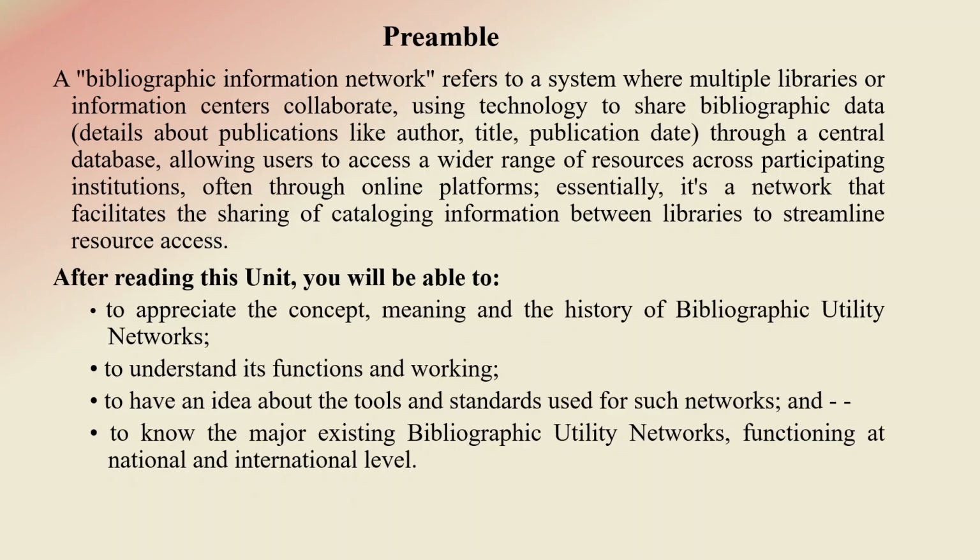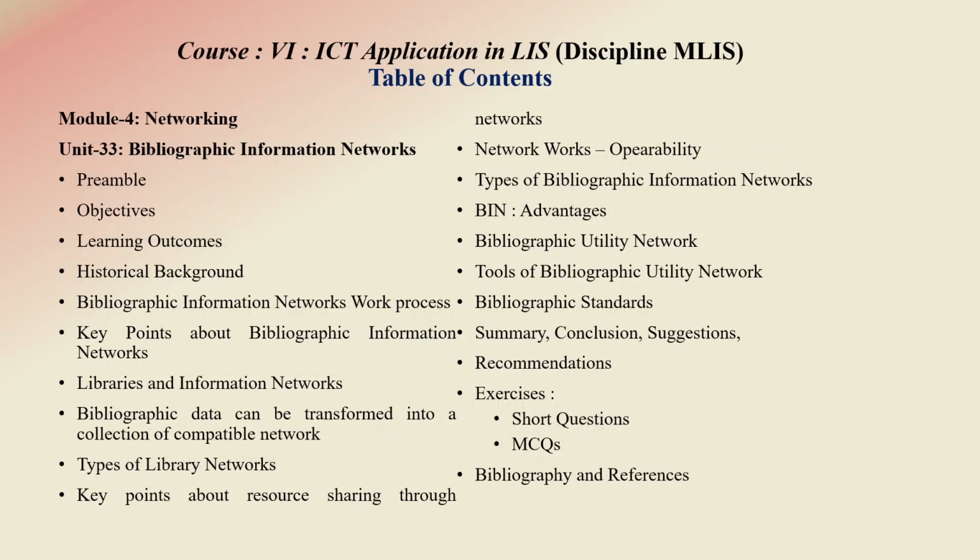Now friends, I will also tell you what I have covered in this Unit 33. In the table of contents: the preamble, objectives, learning outcomes, key resource points, key points of the Bibliographical Information Network, bibliographical data transmitted, types of library networks, how it works, network operability, types of bibliographical information network, etc. I have discussed these.